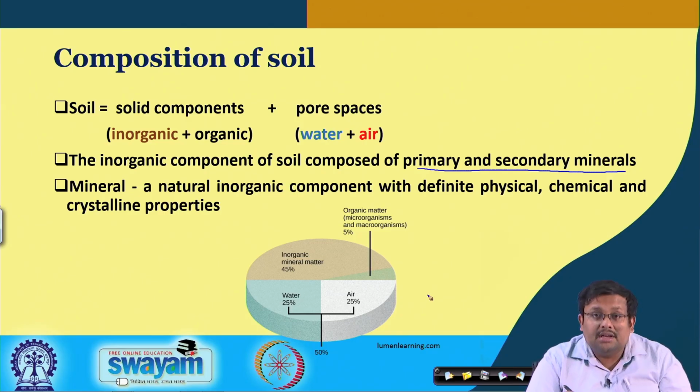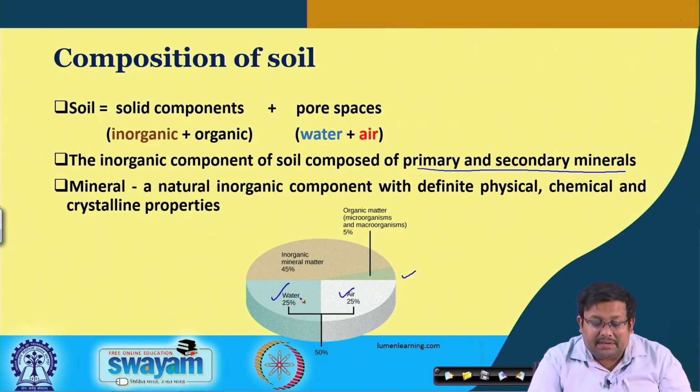If you see the volume-wise soil composition, you will see that 50% of the soil volume is occupied by the solid component, whereas the rest 50% pore space is occupied by water and air interchangeably, and in ideal condition there will be 25% soil air and 25% soil water.